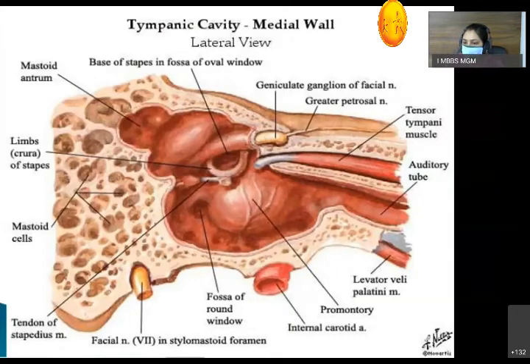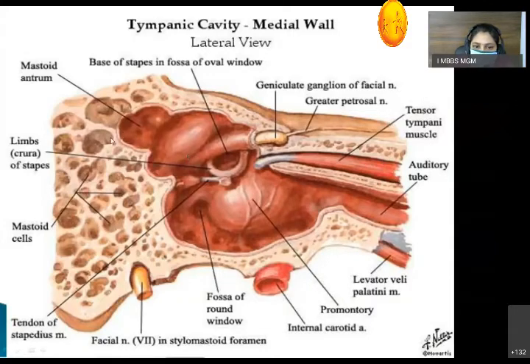This is a vertical section from the left side, the left middle ear cavity, where you see this is the anterior wall where it communicates through the auditory tube to the nasopharynx, the upper opening or the canal for the tensor tympani muscle.